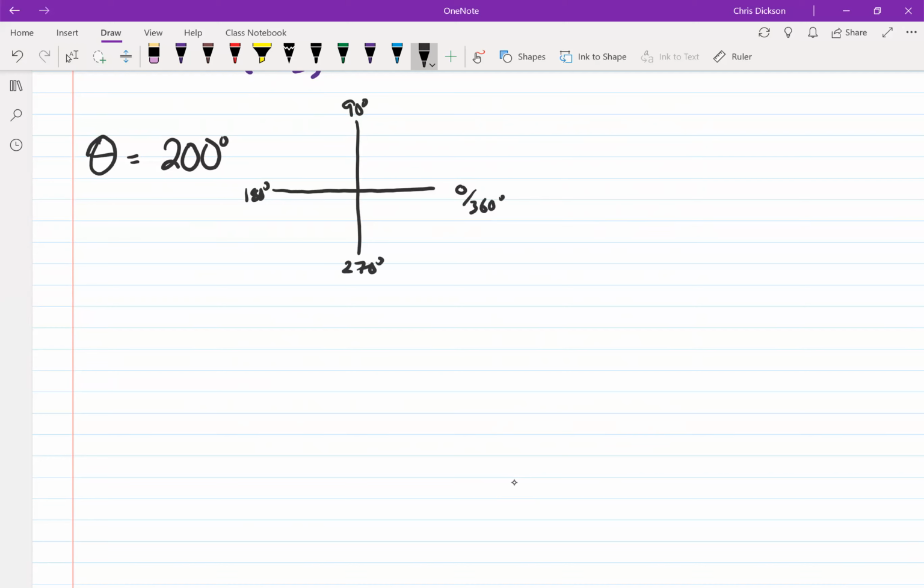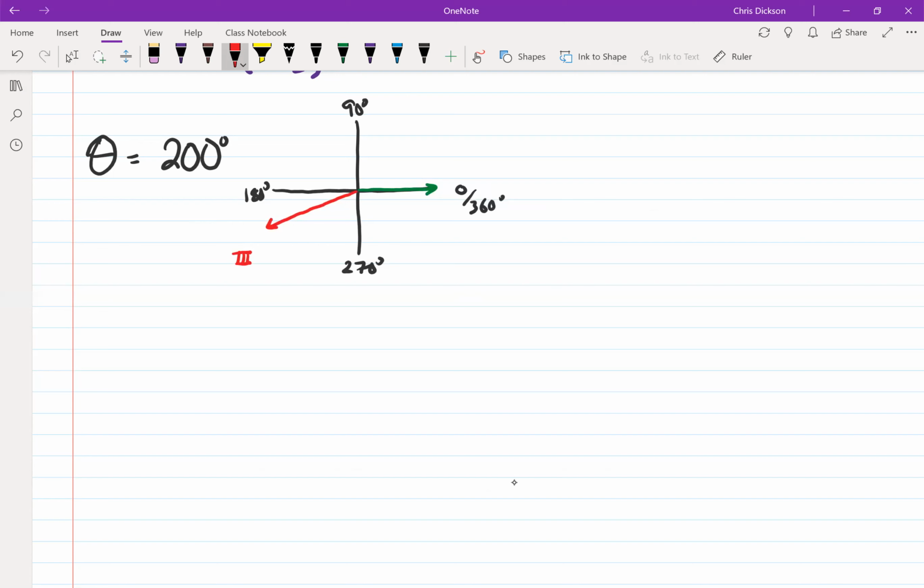Okay, so angles in standard position have what we call initial arms, and the initial arm is always along the x-axis, so it points to 0. And then we have what's called our terminal arm, which is where the angle stops. So 200 degrees would rotate past quadrant 1, past quadrant 2, and go just into quadrant number 3 here.